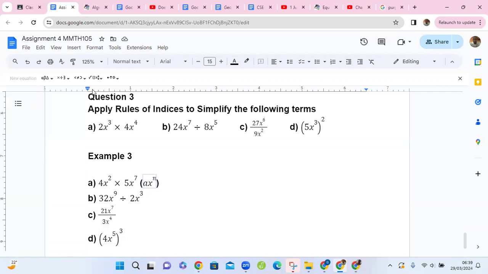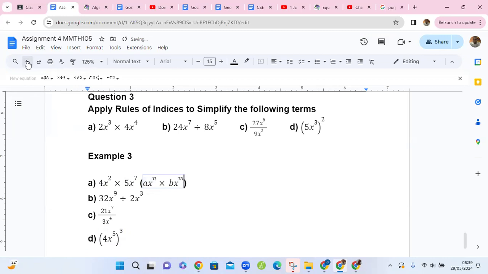When you are multiplying indices that have the same base, let's say x, although the coefficients can be different, let's say b, and the exponents are different.